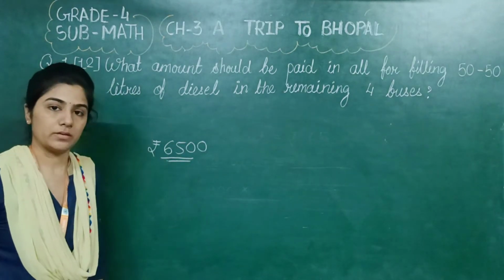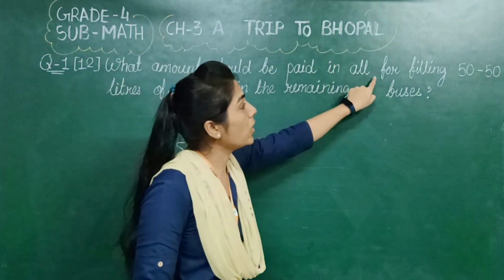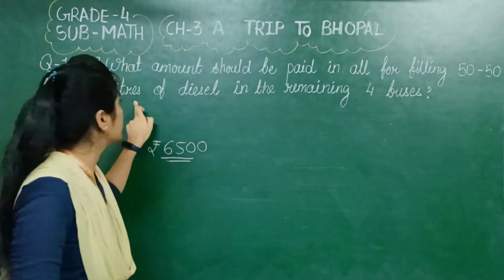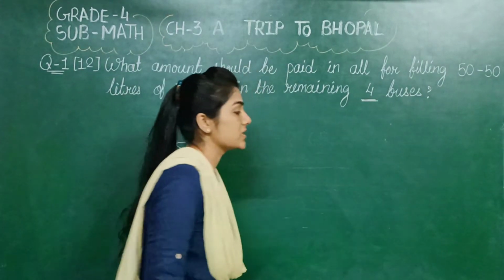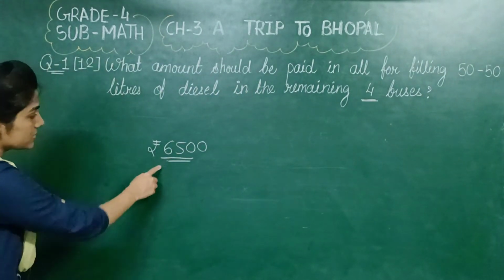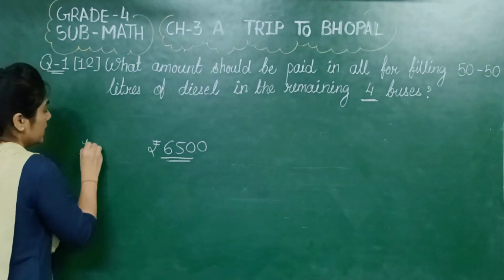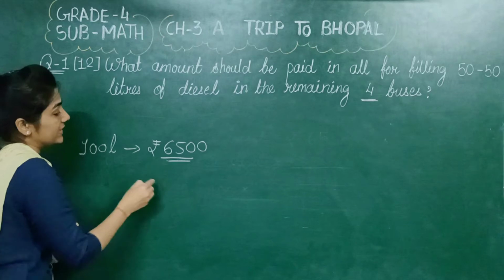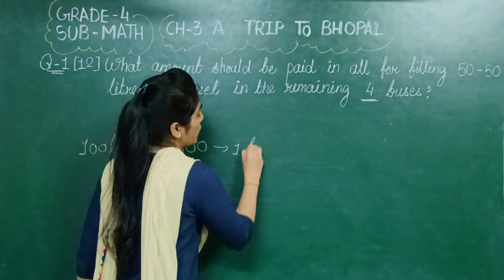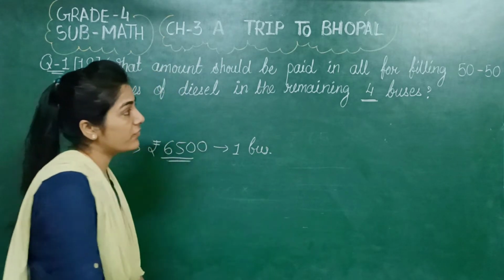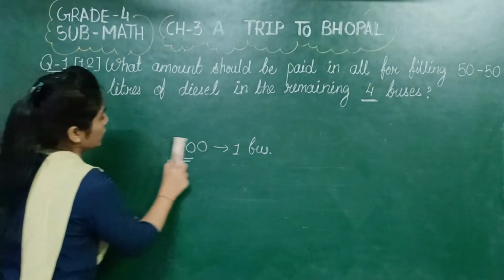Just now we found that this cost is for the 100 liters that we filled in one bus. So in 4 buses, how much is the cost? That we need to find.